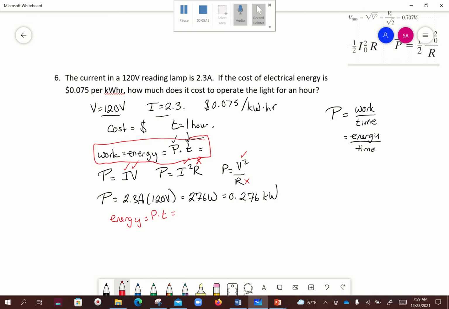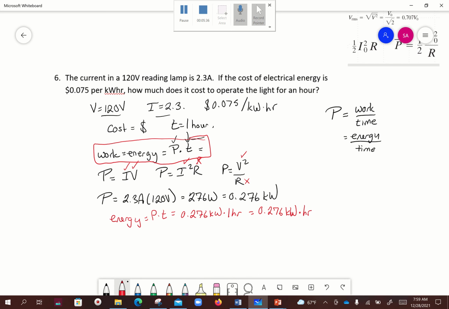I want to get that in kilowatt hours. So I've got 0.276 kilowatts times 1 hour. That's convenient. So I just get 0.276 kilowatt hours. The symbol for watts, that's a capital W.